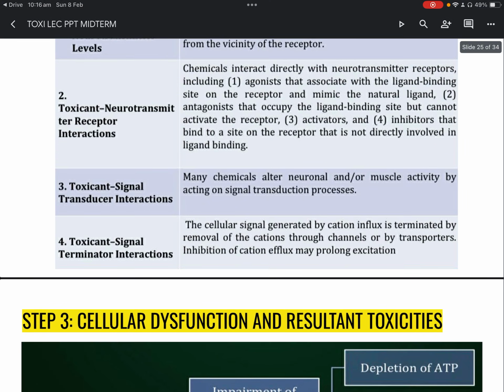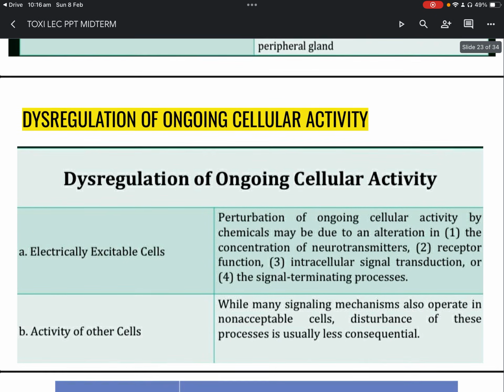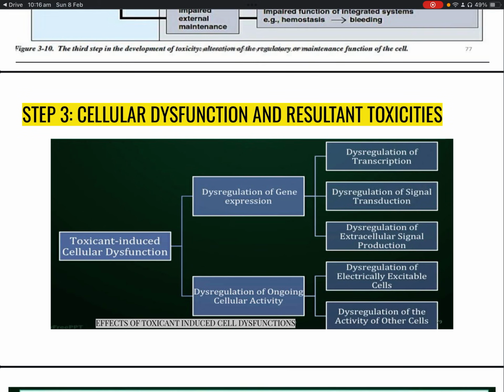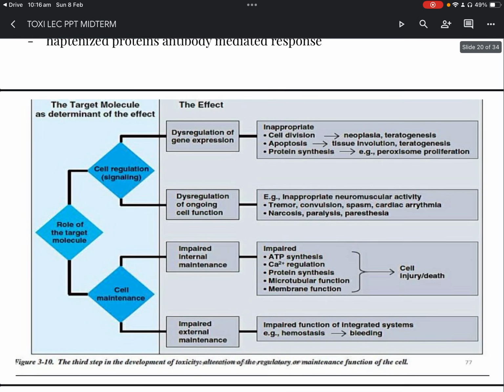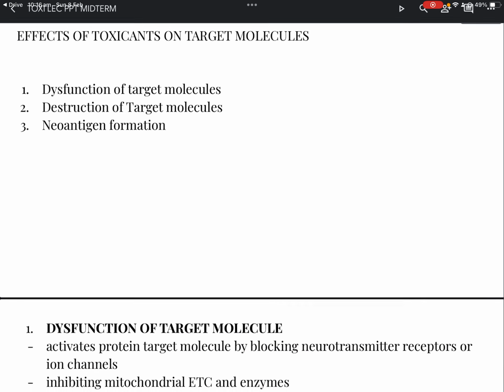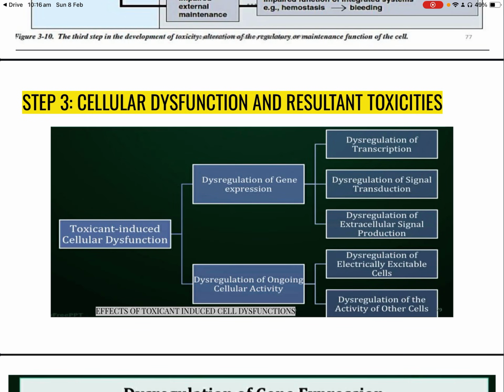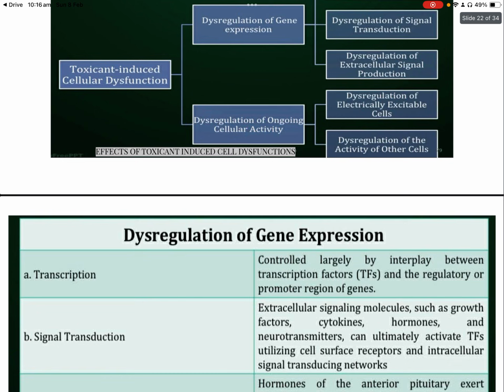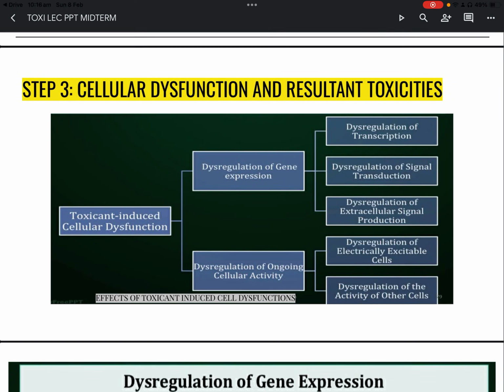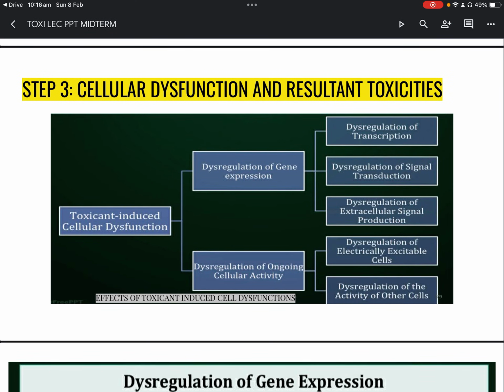So that's why we have here the effects. These are the effects. And then we are on step 3. Okay. So, sorry, because this one, regulation of cellular function, is under step 3 pala. Okay?